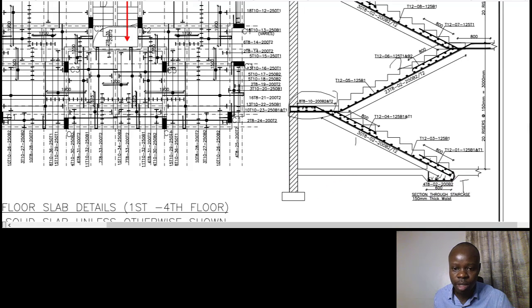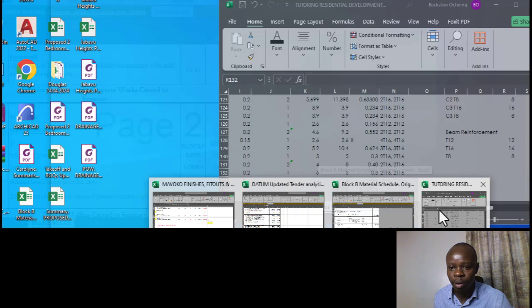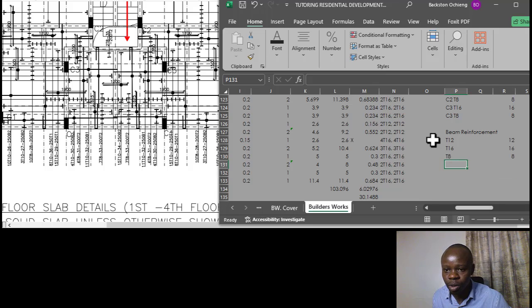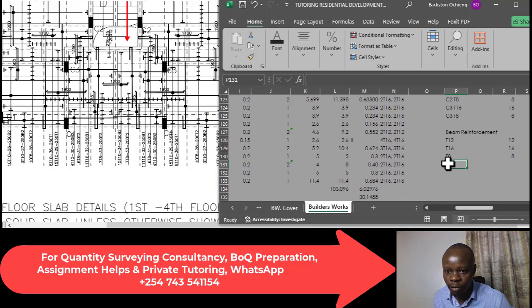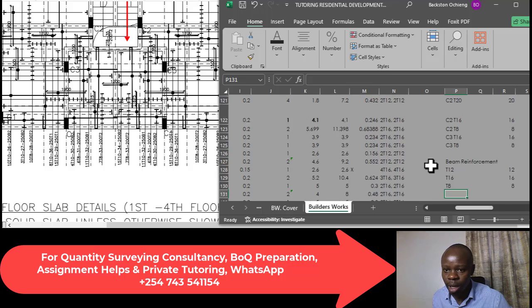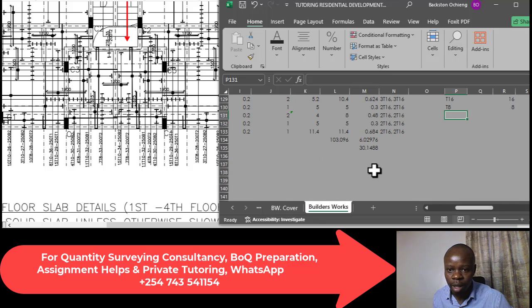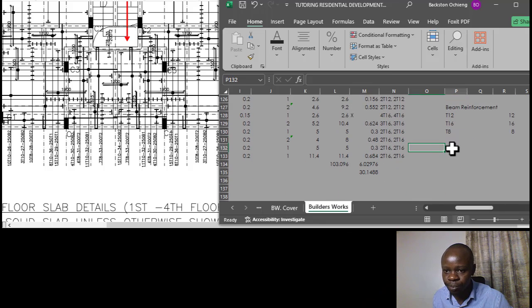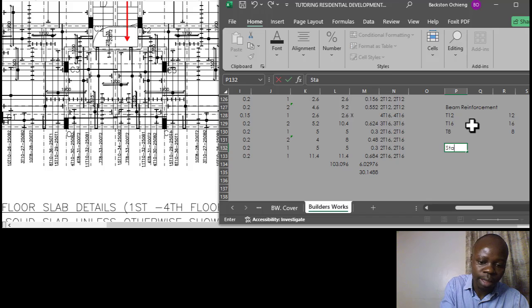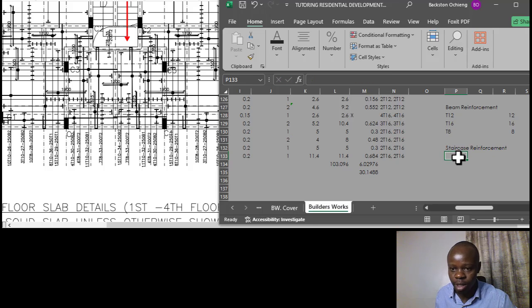Okay, so when we start in our estimation, those were beam reinforcement, and I just want to include here now these are staircase reinforcement.